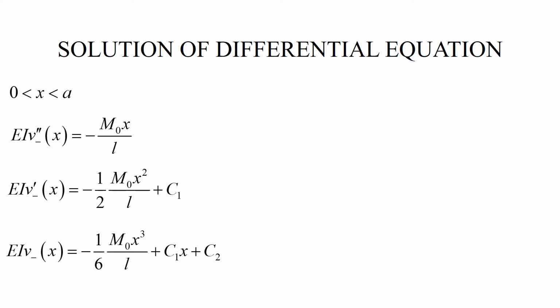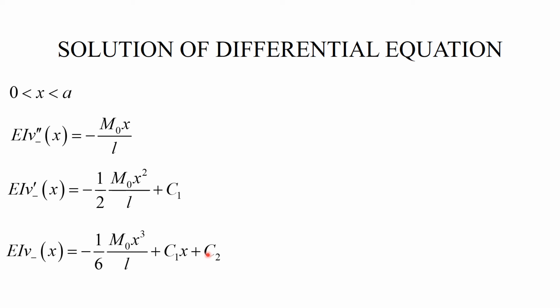So first, we look at the differential equation for V minus. That's the equation we start with. And then we integrate it two times. First, we have a constant C1. Then we integrate one more time, and we obtain also the constant C2.